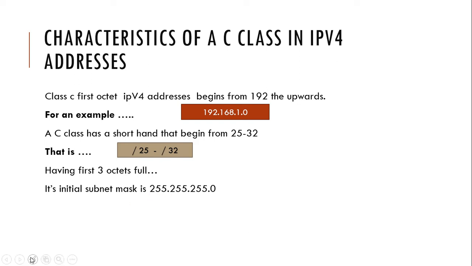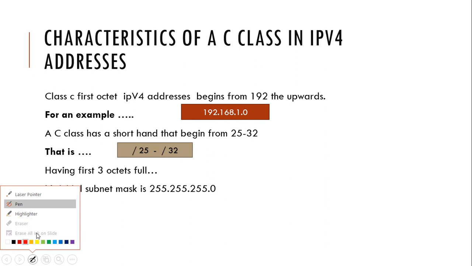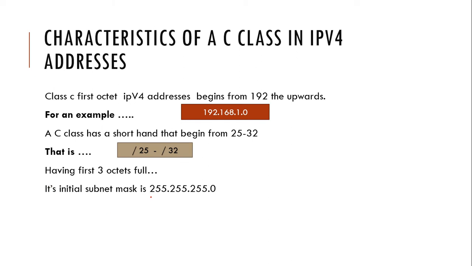That's why we are having 255. That means this octet is full. 255, this means this octet is full. 255, this means also this one is full. And this one, initially it is empty. It is the one we are dealing with. It is the one we're gonna deal with right now.